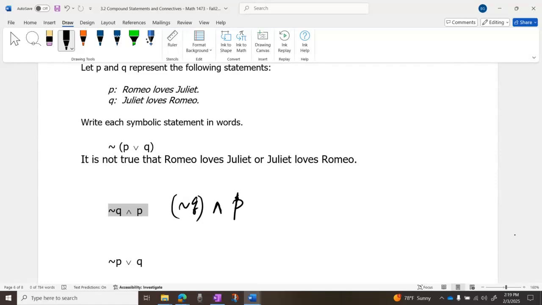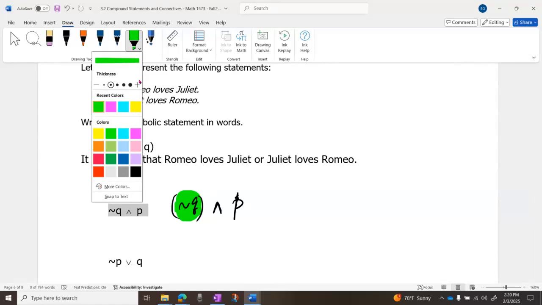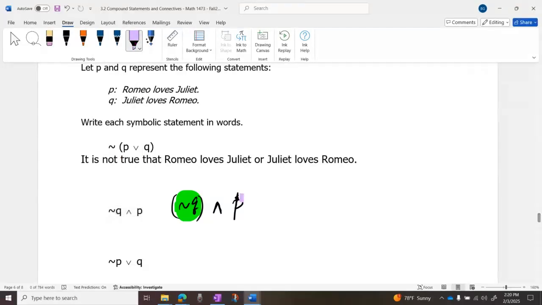We have a conjunction. The conjunction has two pieces, the green piece and the purple piece. How do we translate that? We can say not Q. Q says Juliet loves Romeo, then the negation of Q would be Juliet does not love Romeo.